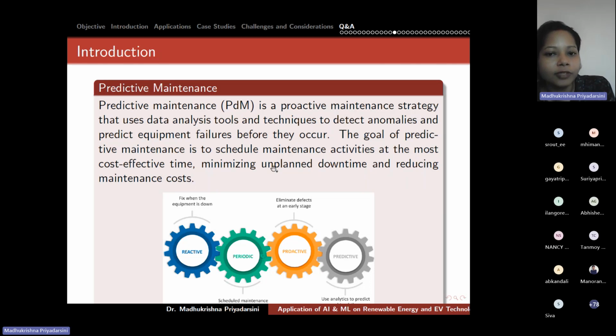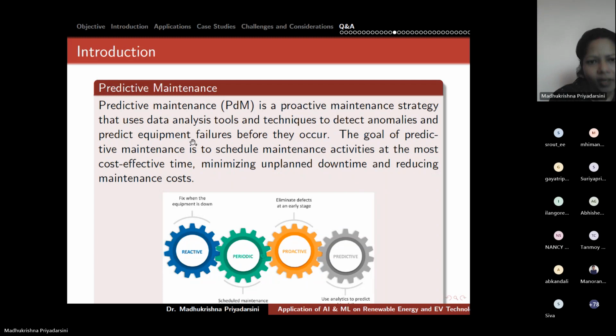The goal is to schedule the maintenance activities at the most cost-effective time, minimizing the unplanned downtime and reducing the maintenance cost. So this is just the definition part, but the basic idea of predictive maintenance is how we use AI/ML technologies to analyze whatever environmental conditions are present and find out beforehand how we can control the situation.